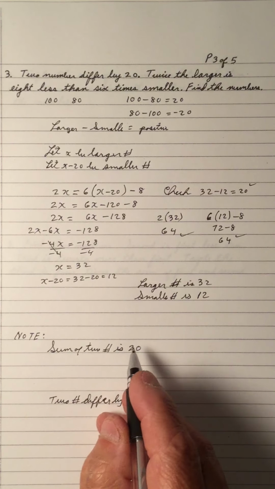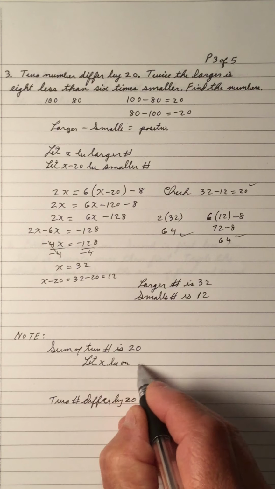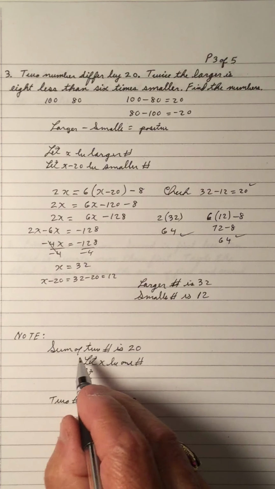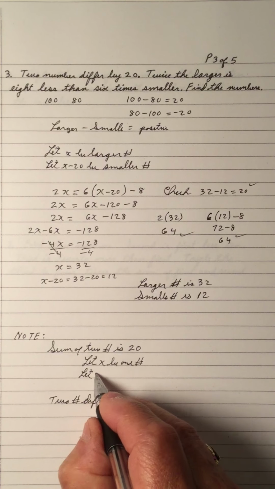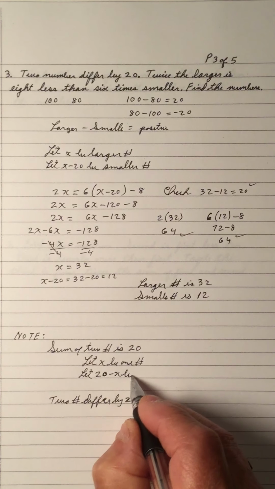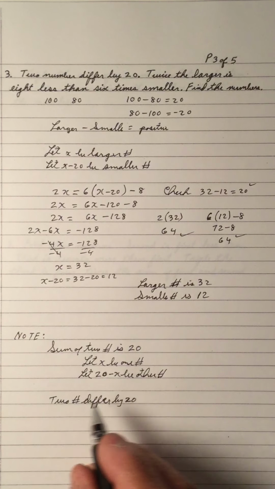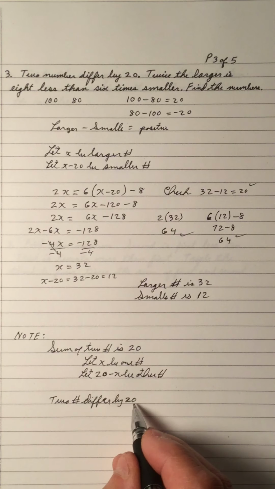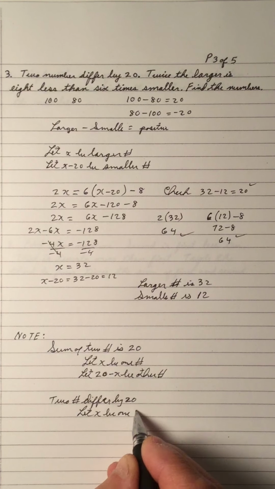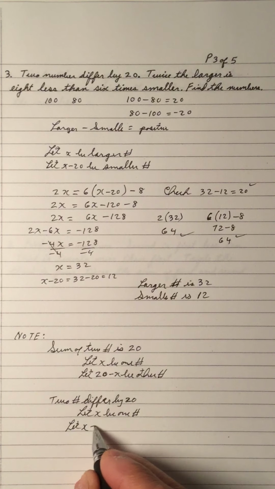If the sum of two numbers is 20 and you let x be one number, then we know the two of them add up to 20, so the other number is 20 minus x. If two numbers differ by 20 and you let x be one number, then the other one is x minus 20.